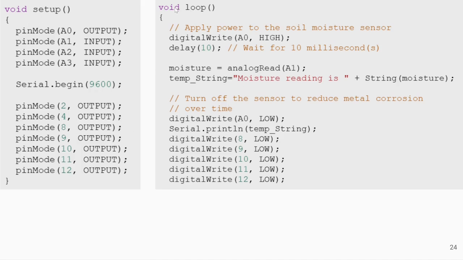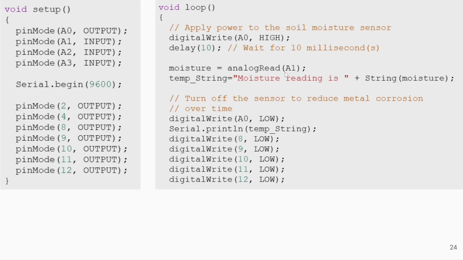Then we come into the loop function, and this loop, as we all know, runs forever. Here I apply power to the soil moisture sensor, which is why we make the A0 line high so that it starts functioning. This delay is so that we have adequate response and can see what's going on with our design.